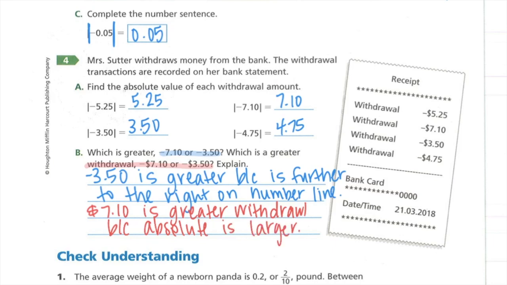We know that $7.10 is more than $3.50 when we're thinking about taking money away from our account. Okay, so when it's just a number, it's different than when we're thinking of it in context of our bank.